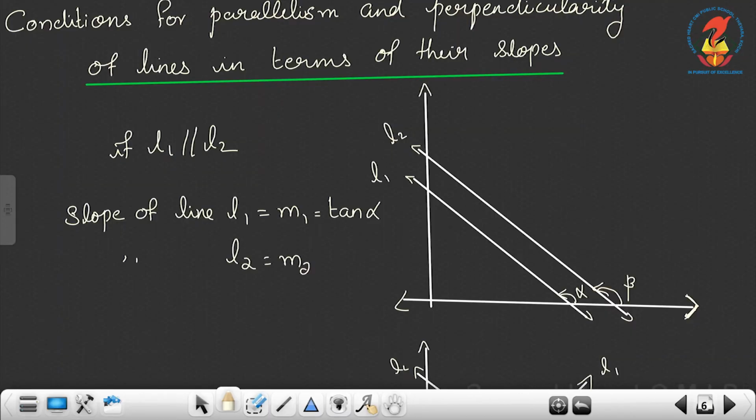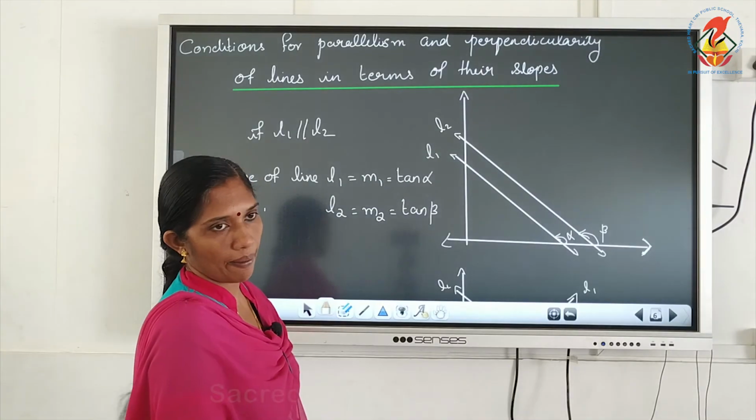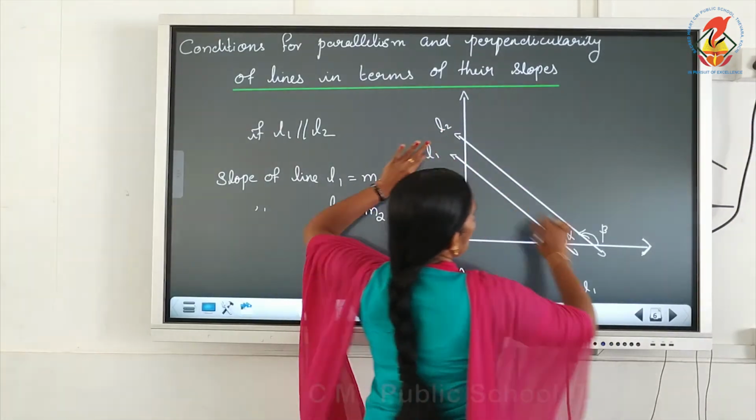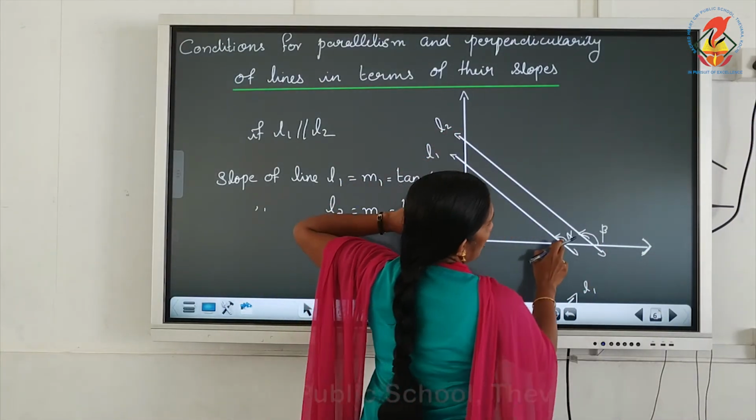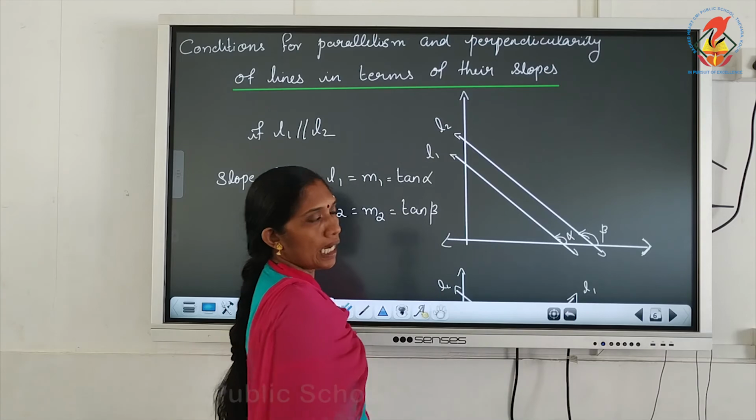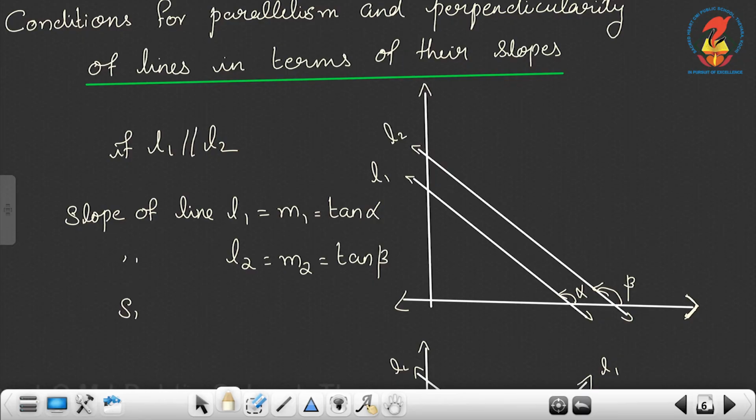It is m2, that is equal to tan beta, since beta is the angle of inclination of the second line. Now these two lines are parallel. So what about alpha and beta? Since L1 is parallel to L2, alpha and beta are corresponding angles, they are equal. Therefore, alpha is equal to beta. So can I write tan alpha is equal to tan beta?